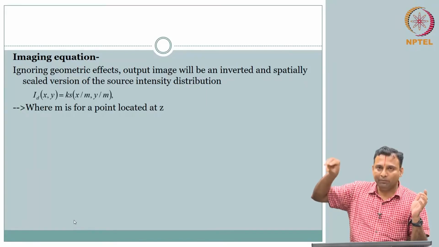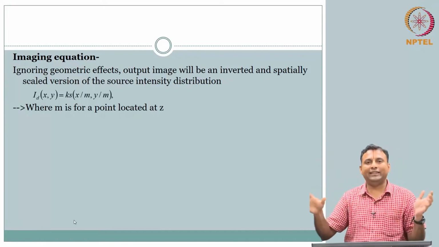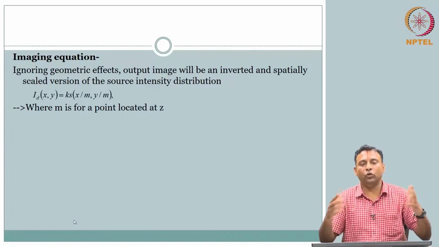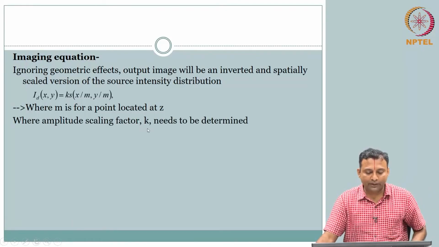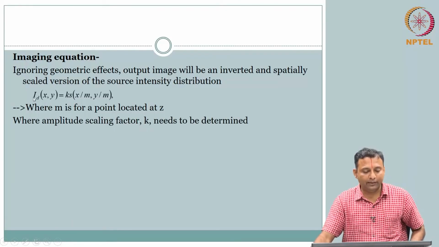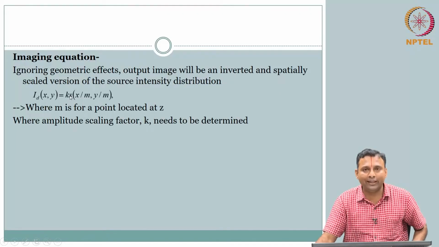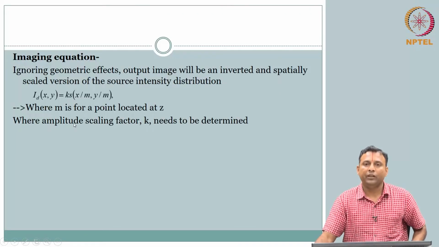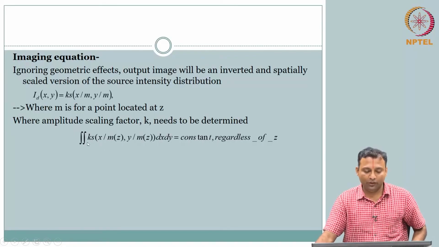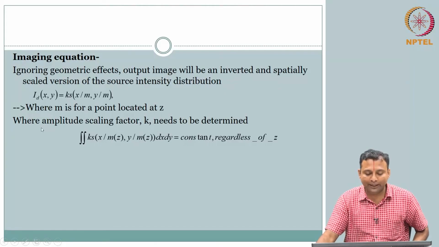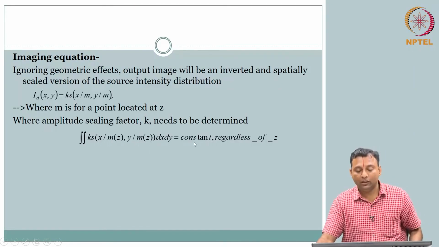If you take the net sum over the area, that has to be the same, assuming there is no other loss. So the amplitude scaling factor needs to be determined. How will it be determined? We will make use of the fact that if you sum what is falling on the detector, the double integral over dx dy, so area, of k times s of x by m of z and y by m of z, that integration is a constant.